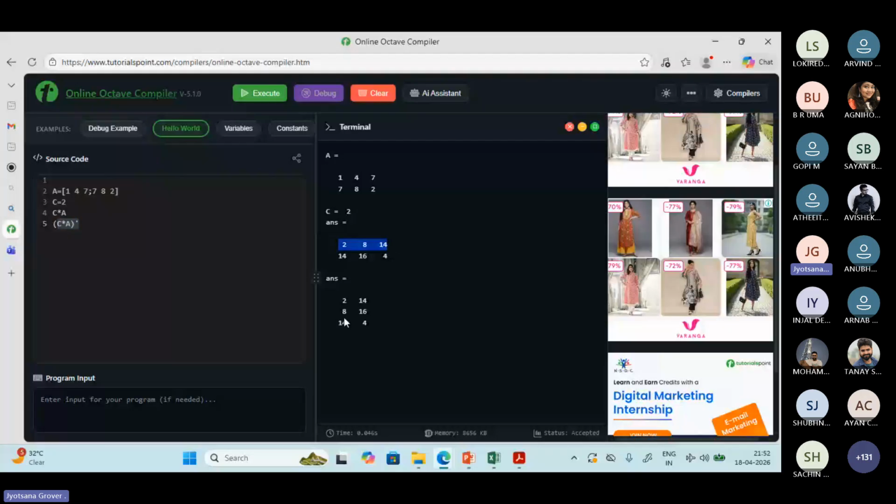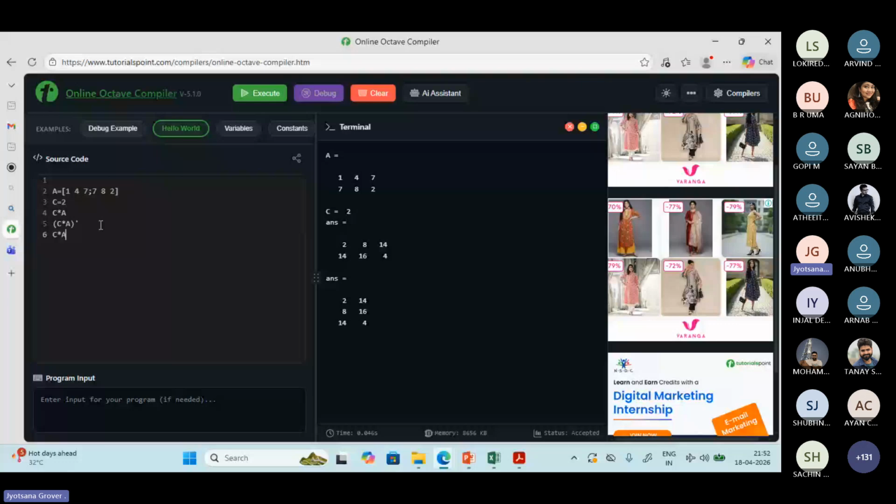Second row will become the second column in the transpose. So this is C into A whole transpose. Now it says that this is the same as taking the scalar out, then taking the transpose and multiplying C with the transpose of A. Let's see. So the result is going to be the same.